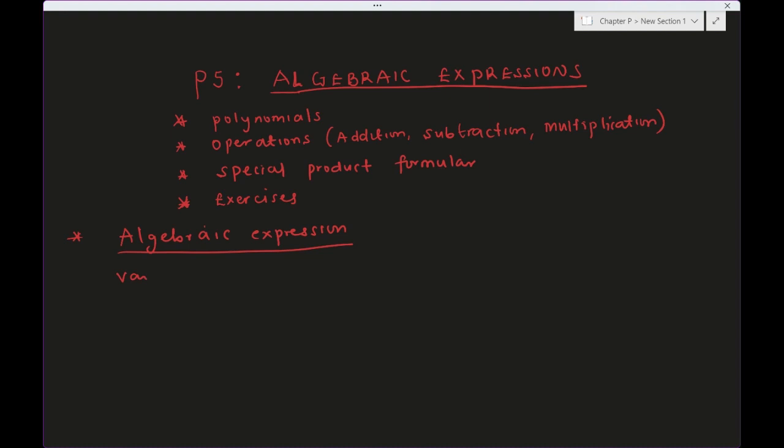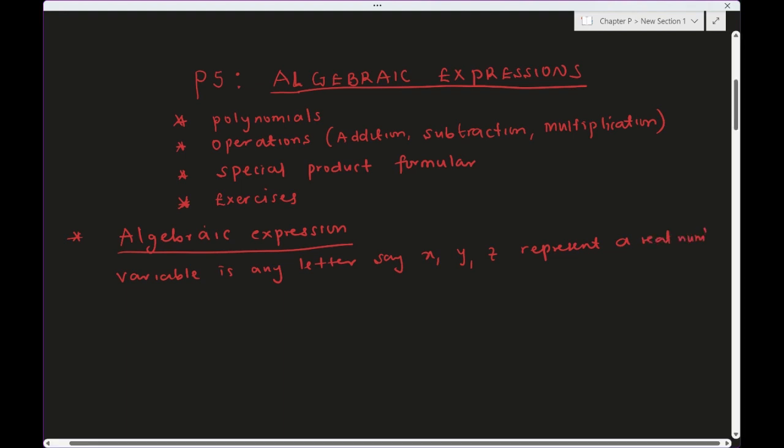So a variable is any letter, say maybe X, Y, it could even be Z. It could be any letter to represent, let's say, a real number. Let's keep it simple now.